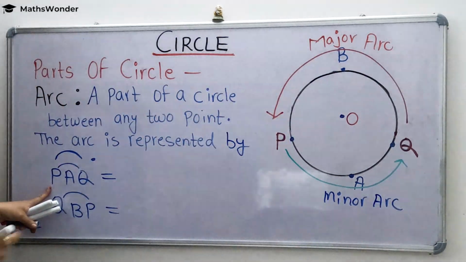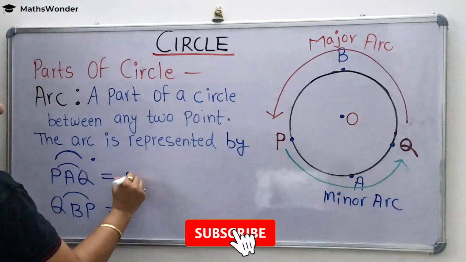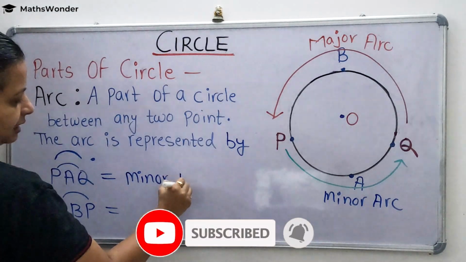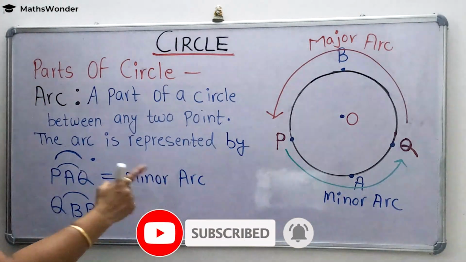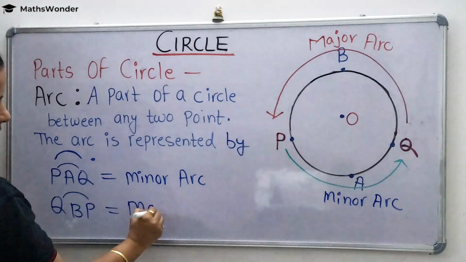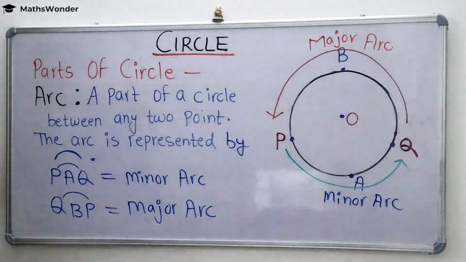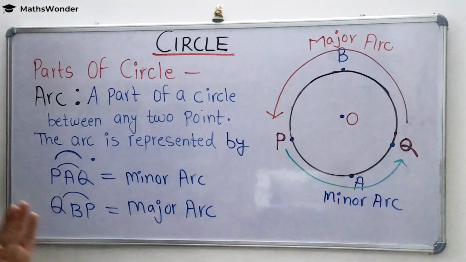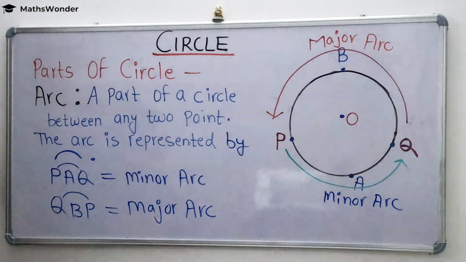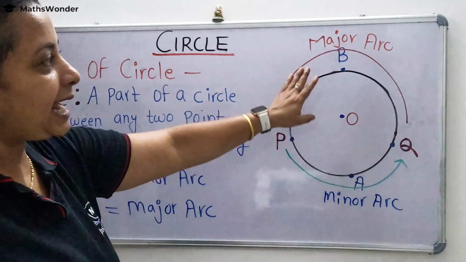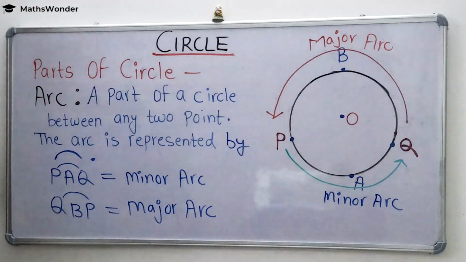So PAQ is the minor arc because it's a smaller part, and this is the major arc. Understood the arc concept? The circumference is generally divided into two ways, the smaller or the bigger. The smaller part we call a minor arc, and the bigger part we call a major arc. That's it.